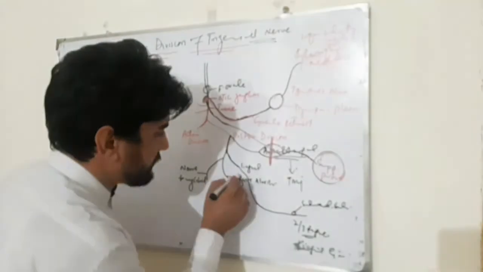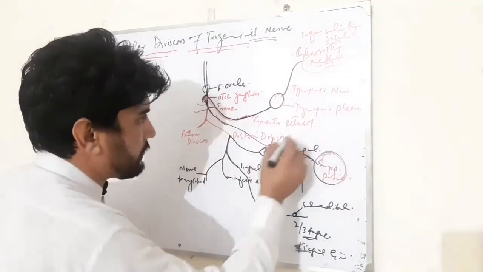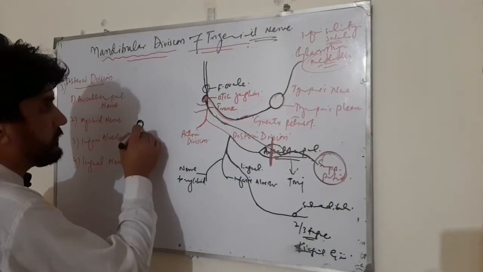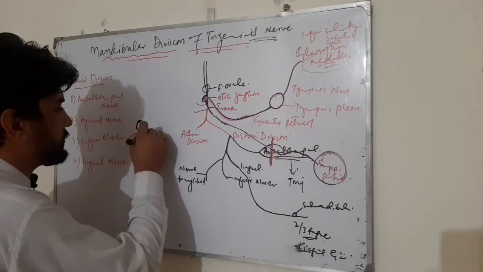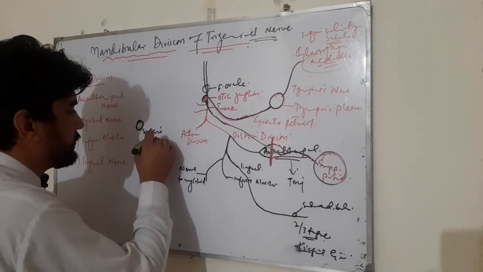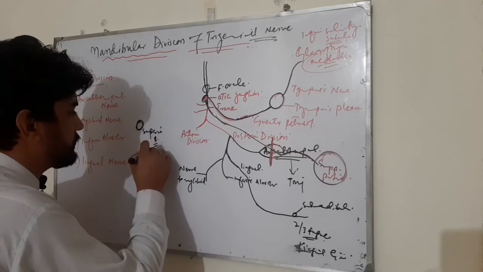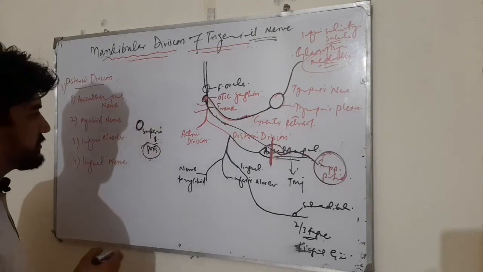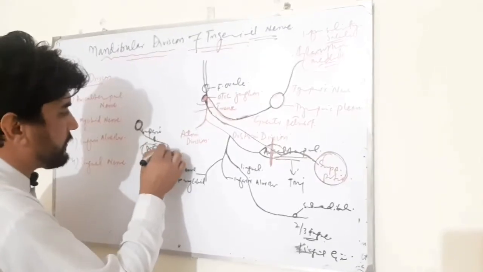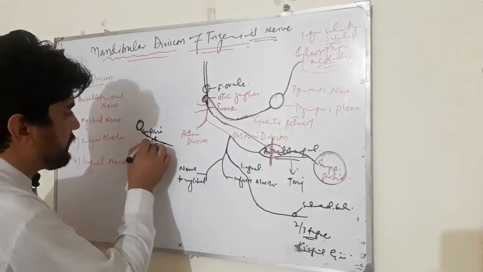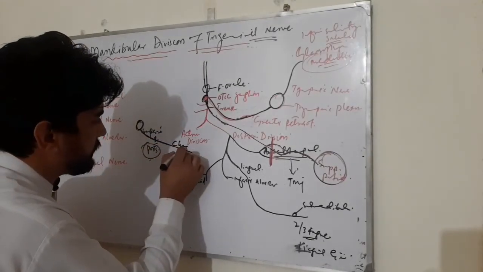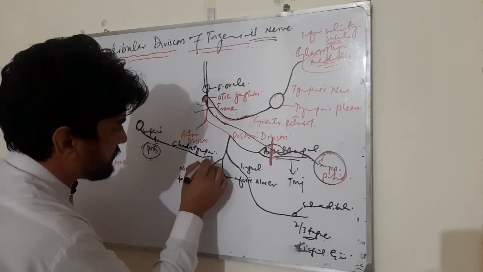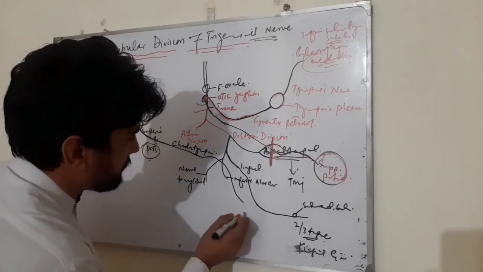It also carries parasympathetic supply from the facial nerve, from the superior salivary nucleus, which is in the pons. When the superior salivary nucleus is stimulated, the parasympathetic supply combines with the chorda tympani, which carries taste sensation to the anterior two-thirds of the tongue.